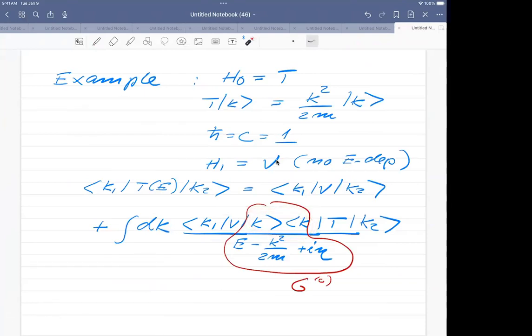And then I have to integrate, because I'm using the completeness relation for momentum states of the particles which are not bound. So this is just a scattering state, or just a continuum of states. And the energies are always positive because they're only kinetic energies, okay? So there are no bound states in this system.